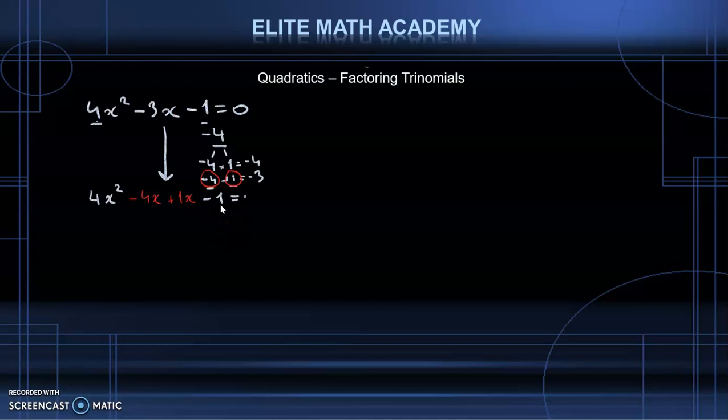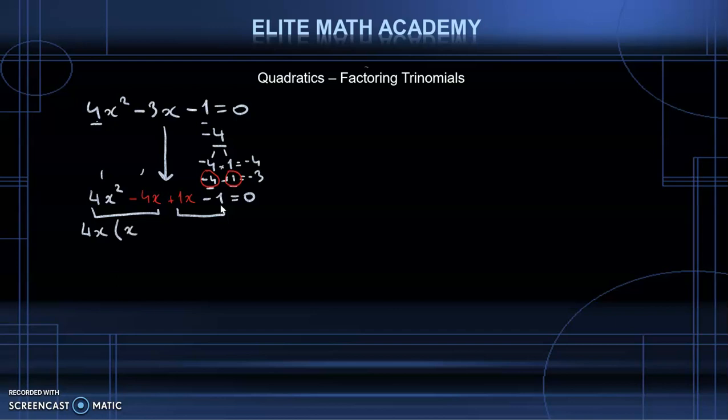Negative 1 equals 0. Now we will try to regroup these two, 4x squared minus 4x, and 1x minus 1. Let's create a parentheses where we use the common multiplier, which is 4x for these two. I'm going to open a parentheses and write x.